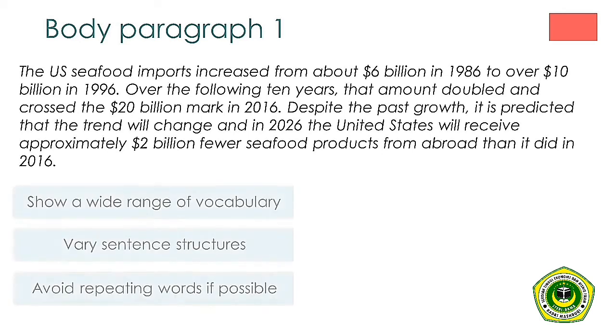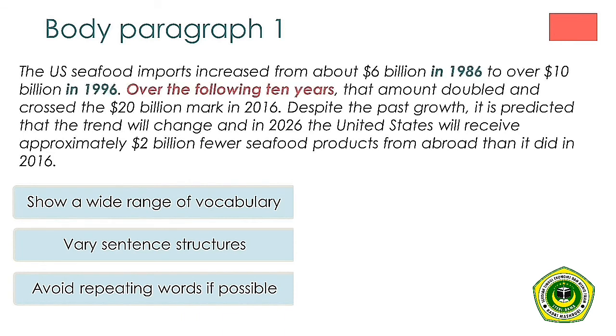To get band 7, try to show a wide range of vocabulary, vary sentence structures, and avoid repeating words where possible. For example, I named years in the first sentence in 1986 and in 1996. In the next sentence, I simply wrote over the following 10 years.